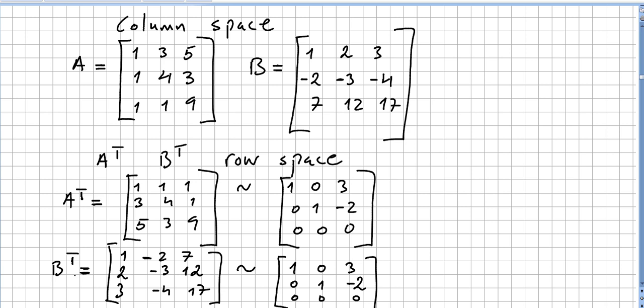So we take the transpose of B, B transpose: 1, 2, 3, minus 2, minus 3, minus 4, 7, 12, 17.